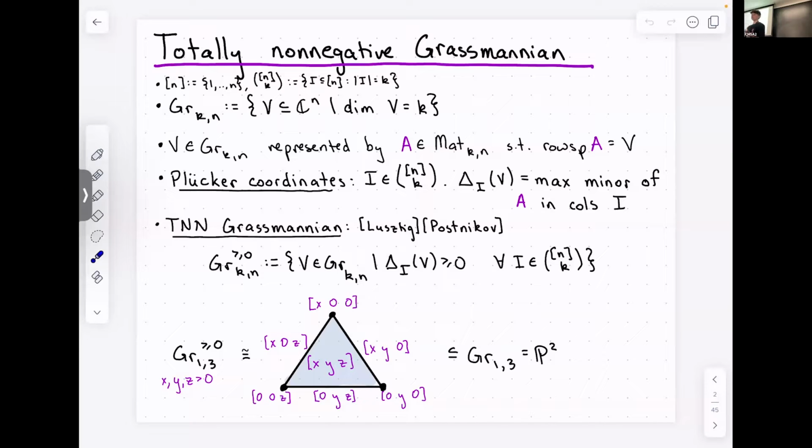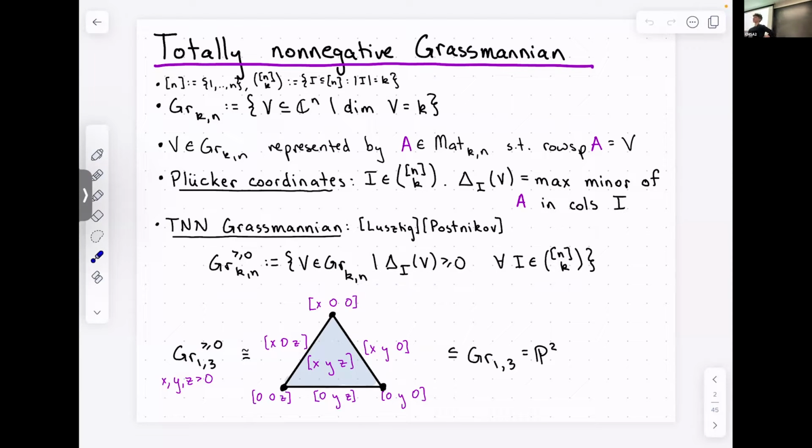Okay, and I'm going to care particularly about this exceptionally nice subset of the Grassmannian called the TNN Grassmannian, introduced independently and in very different language by Lusztig and Postnikov. Postnikov's definition is the one we've been talking about this whole time, so I'll give it again. The TNN Grassmannian is all of those points in Gr(k,n) whose Plücker coordinates are non-negative.